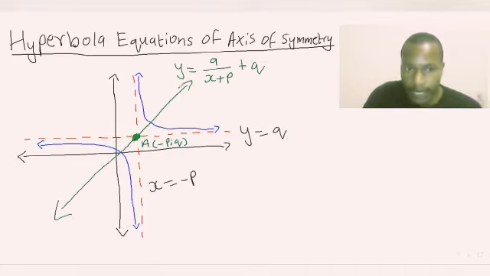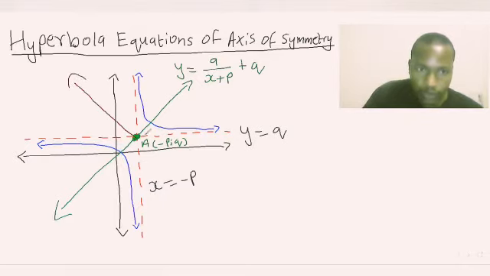That would be the axis of symmetry with a positive gradient. You can also have an axis of symmetry with a negative gradient, which I'll put like that.